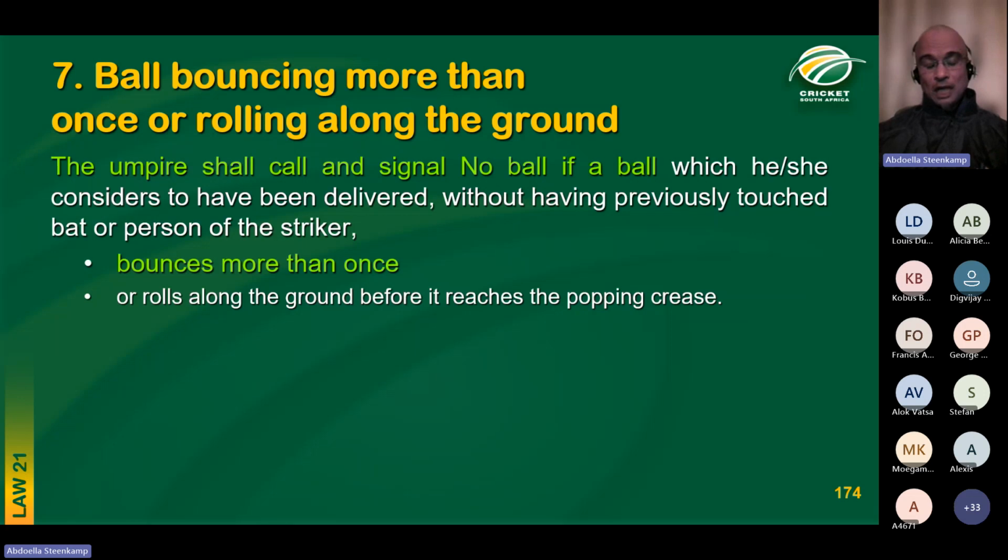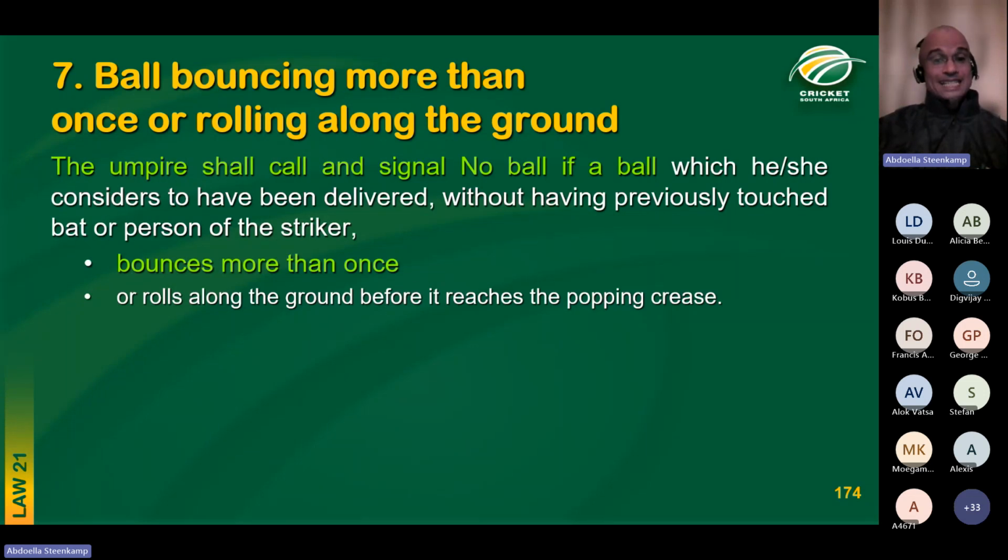If you can visualize a bowler bowling a very short ball and it bounces in front of him or her, and then it goes towards the batter, and a second time before reaching the popping crease, it bounces a second time. If that is the case, either umpire needs to call and signal no ball.